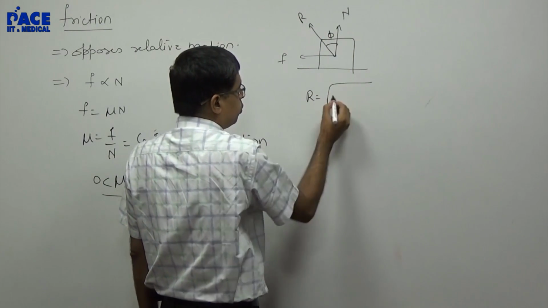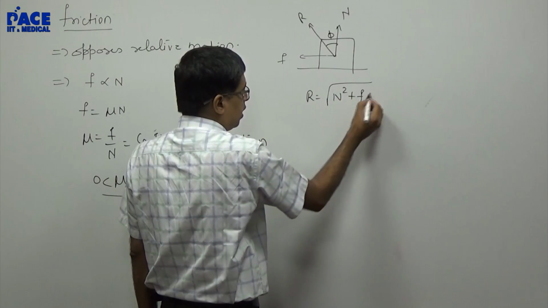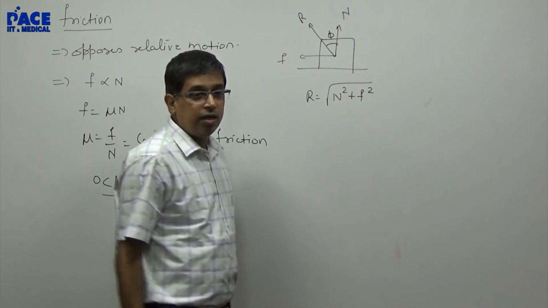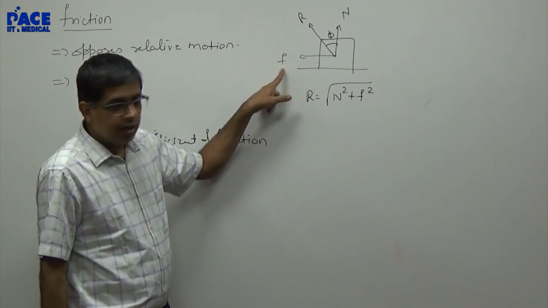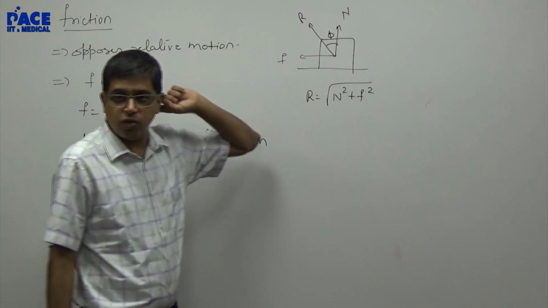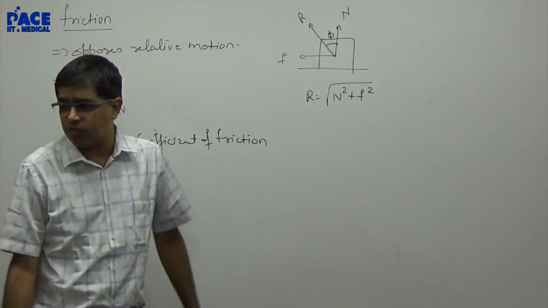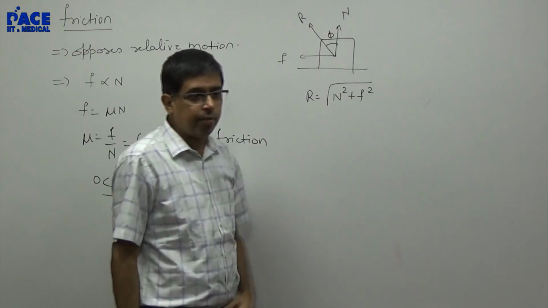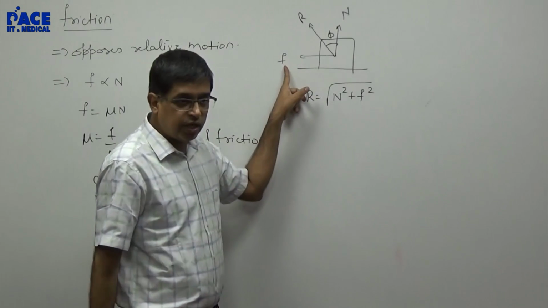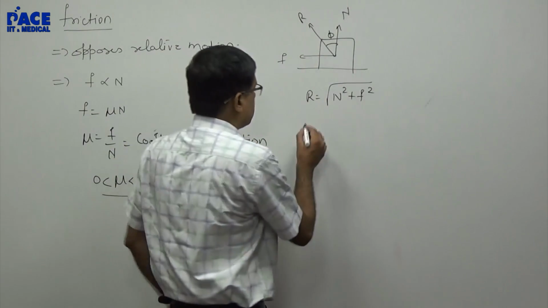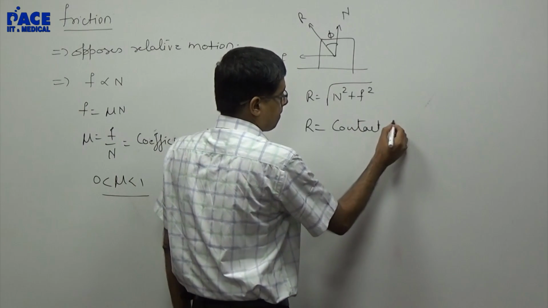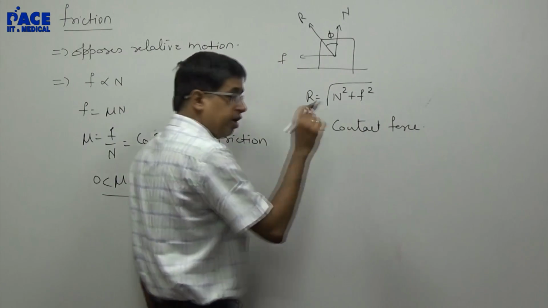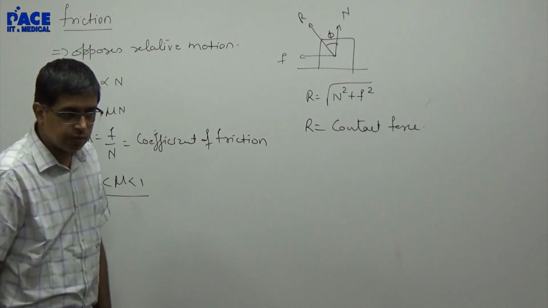R will be root over n square plus f square. Till now I had a smooth surface, there was no friction. If there was no friction, then normal force can also be referred to as contact force. R and n were the same. But once I have friction, R will be the contact force.